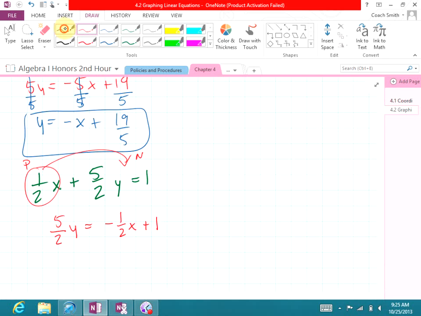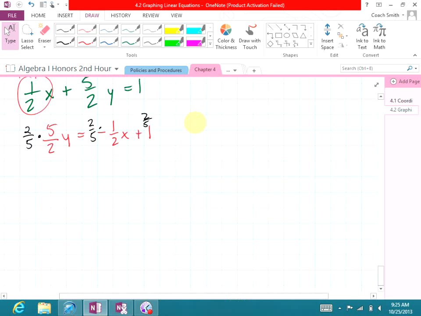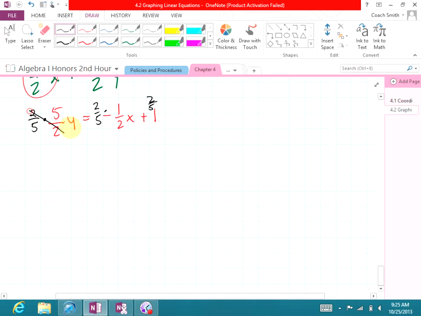Okay, now to simplify that, I've got to multiply everything by 2 over 5. Let me rewrite that step and make sure everybody understands this cancels. That leaves me with y equals 2/5 times negative 1/2 x plus 2/5 times 1.